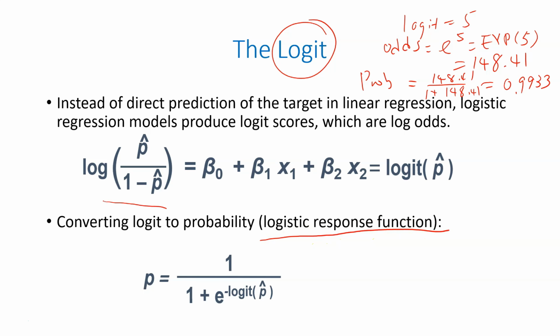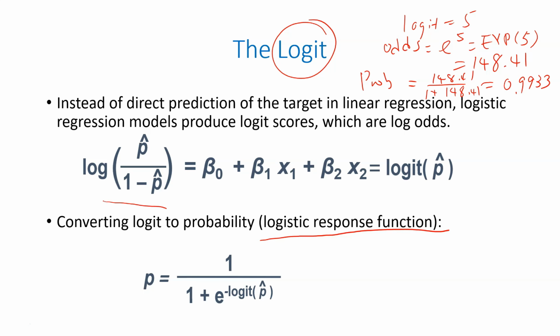Mathematically, the logistic response function and the process I just described are the same. Using the function, you can compute probability directly as 1 divided by 1 plus e raised to the power of negative Logit score.